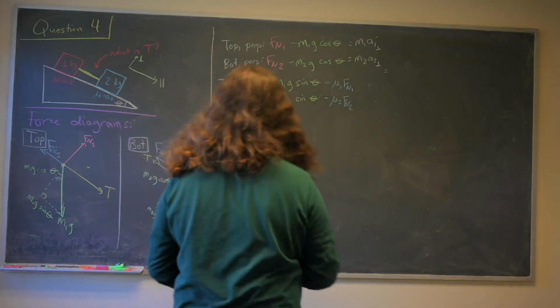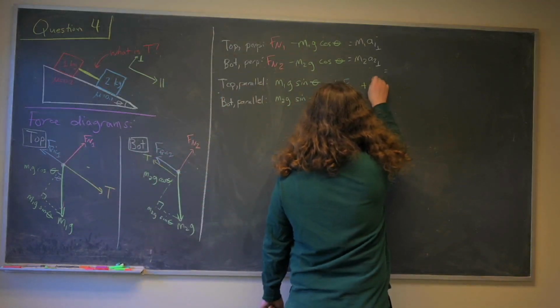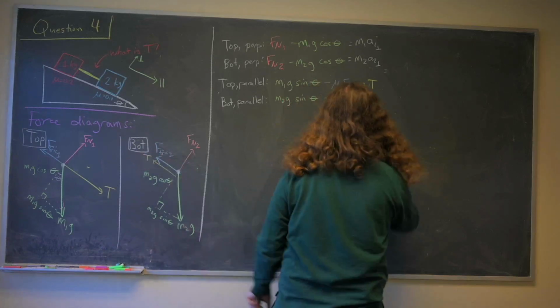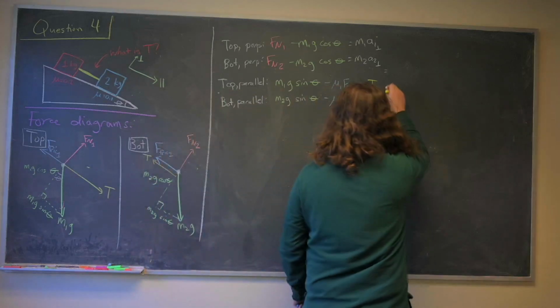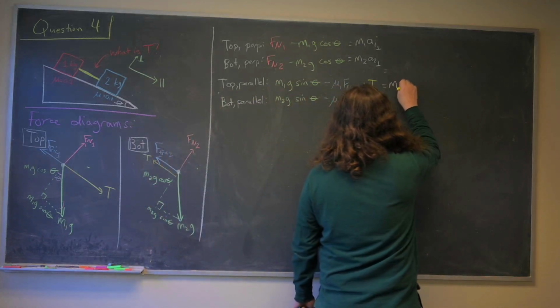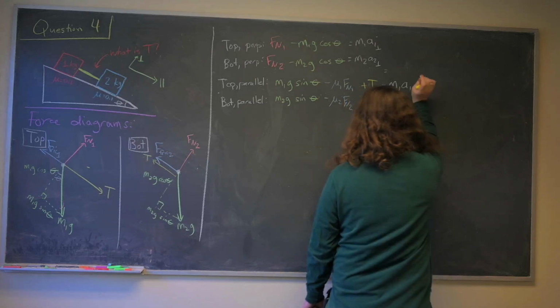Tension is the one that's different. In the case of the top one, it pulls it down, so plus T, and in the bottom one, it pulls it up, minus T. This is equal to m1 a1 parallel, m2 a2 parallel.